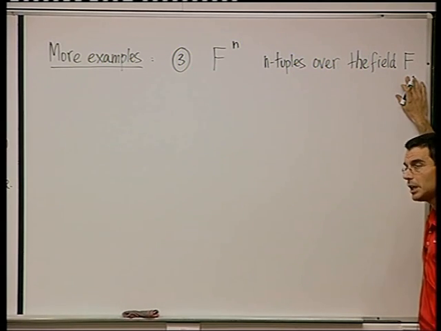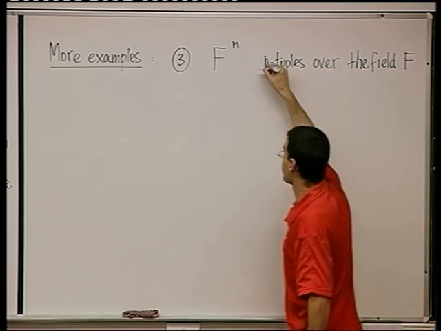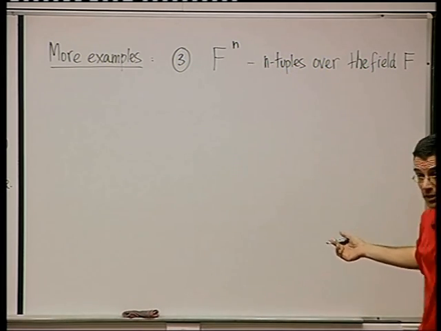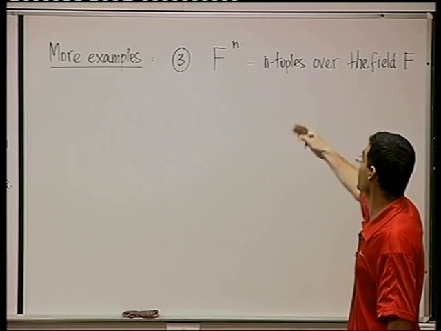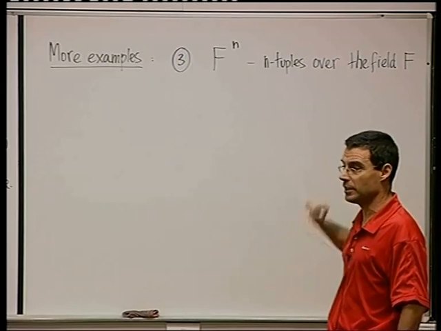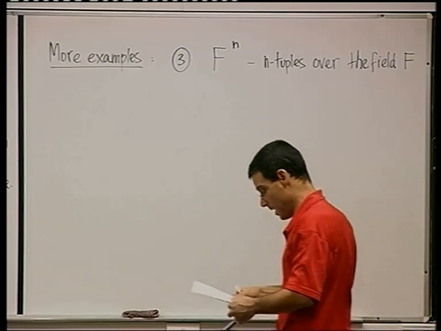We're usually going to only consider R and C, the real numbers and the complex numbers. Those are going to be the F's that we're usually going to use. But there are many more fields, and you may encounter them in further studies. When I say something and put an F, it means that it would work just the same for any field, even if you don't verify it right now. Okay.